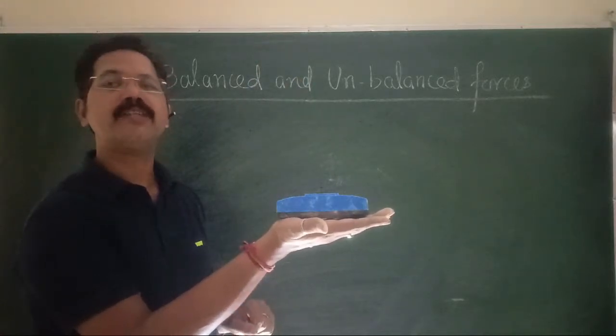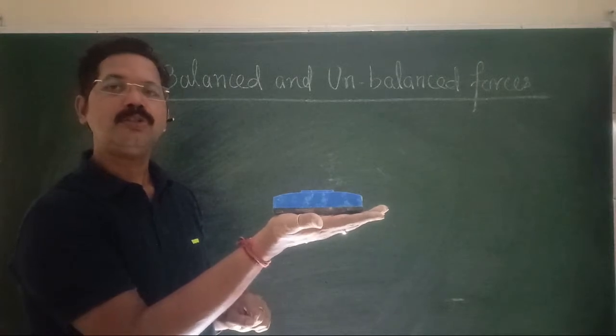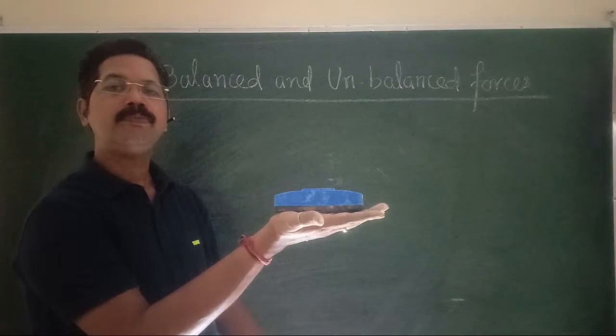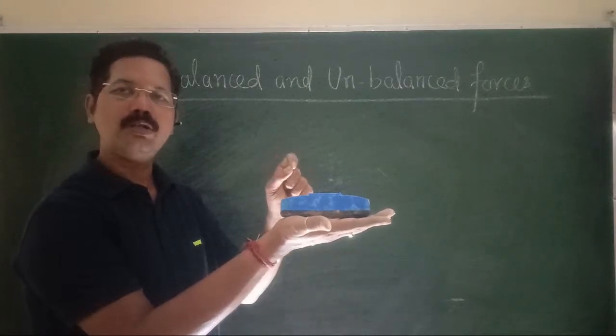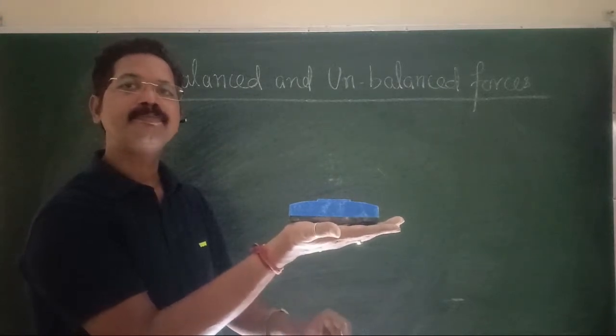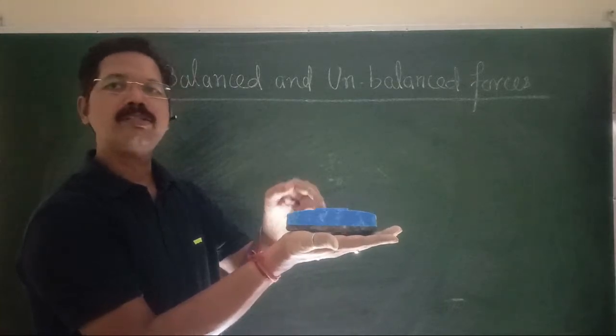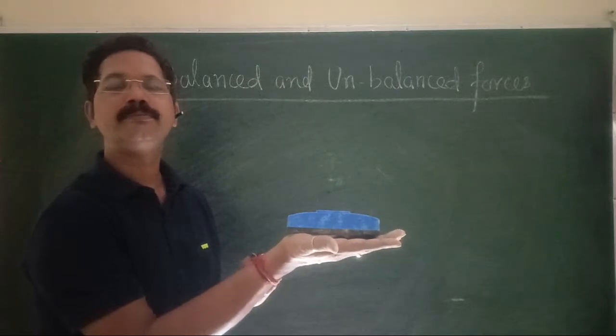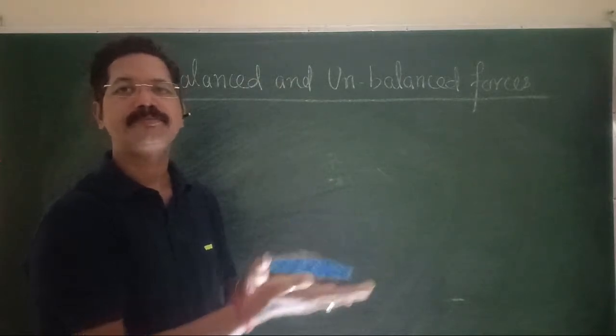So this is the reaction force. So this duster does not go downward, my hand also does not go downward, and the duster does not go upward. So this is the condition of balanced force.